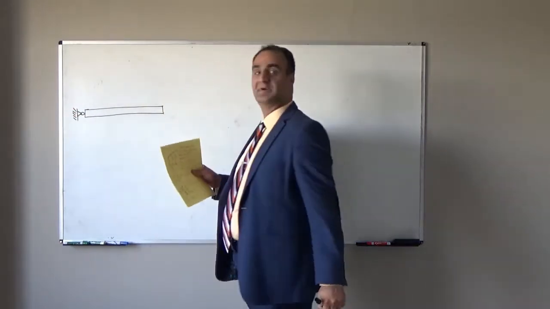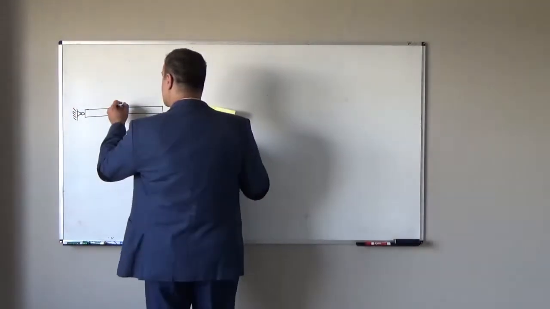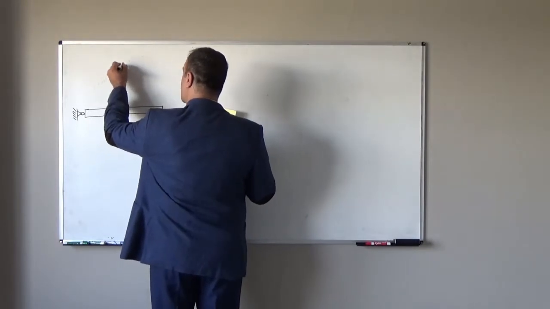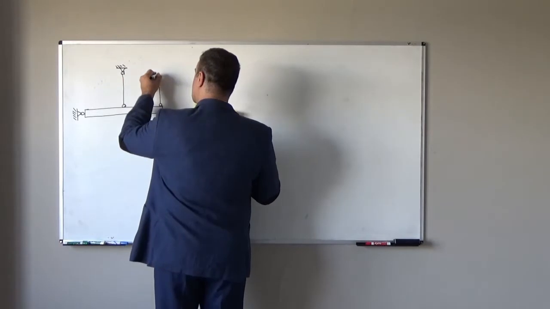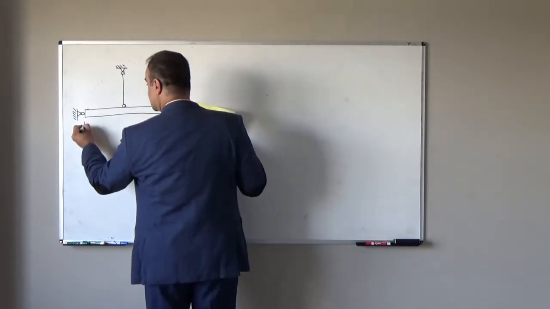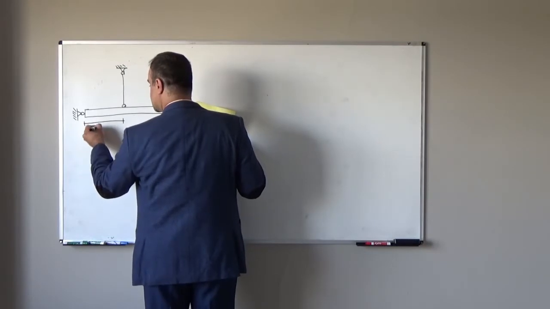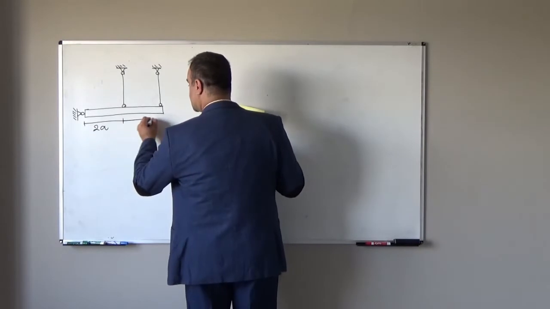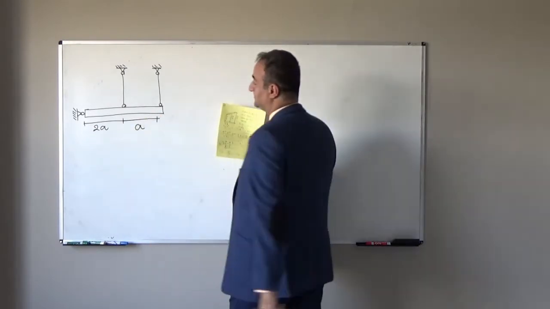Okay, assume we have one rigid beam. We attach this rigid beam using 2 bars to the ceiling. And the distance from here to here is 2a, and from here to here is a.